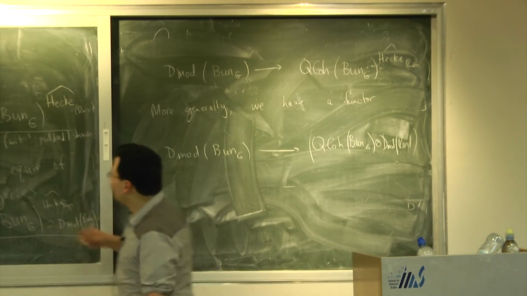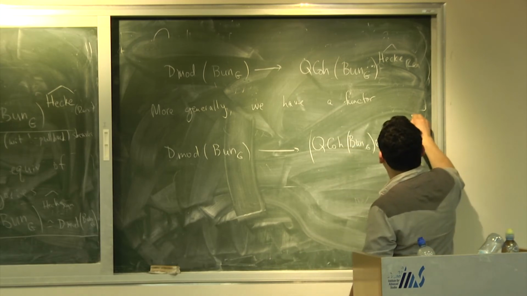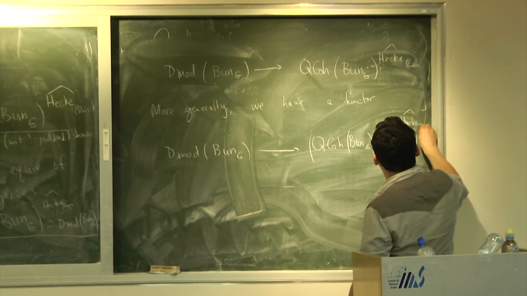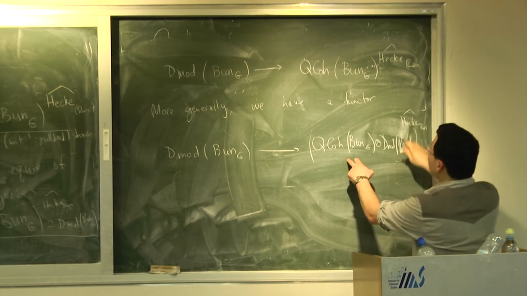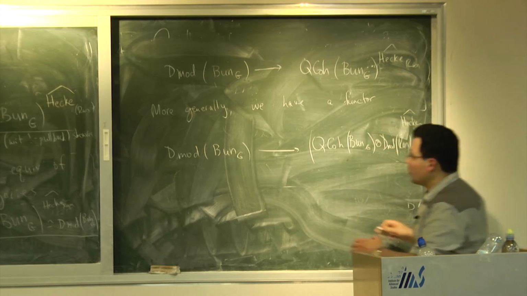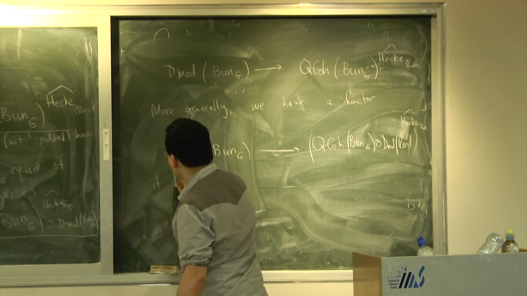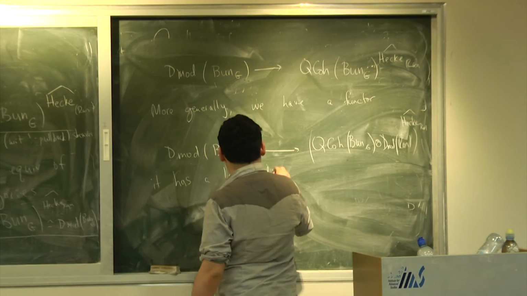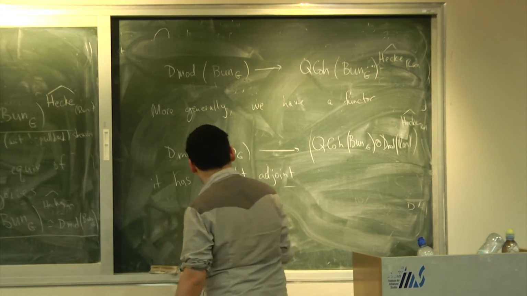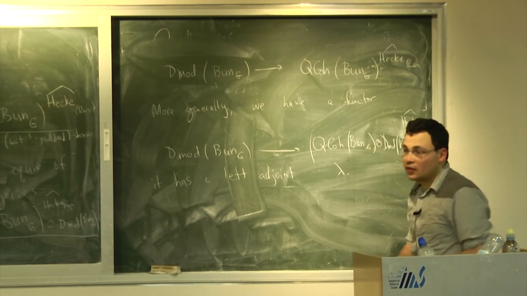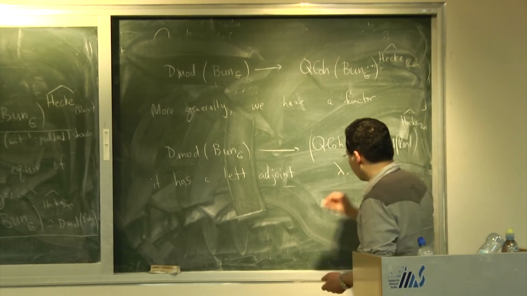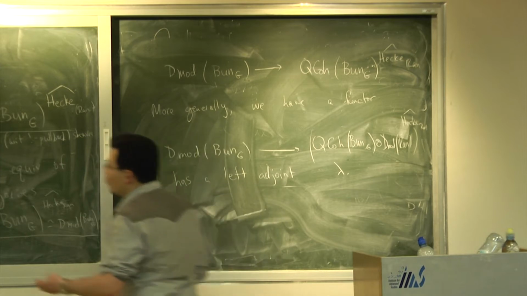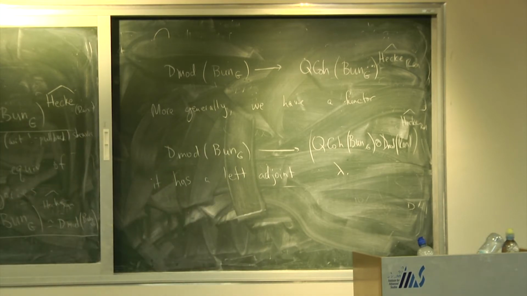That's just pulling back to here, which are equivariant with respect to this Hecke groupoid. Now, note this is not the same category as this, but there's a functor, and it has a left adjoint. Let's call it lambda. So there's a way to take sheaves on Bun-G cross the Ran space which are equivariant with respect to this thing and build a D-module on Bun-G.